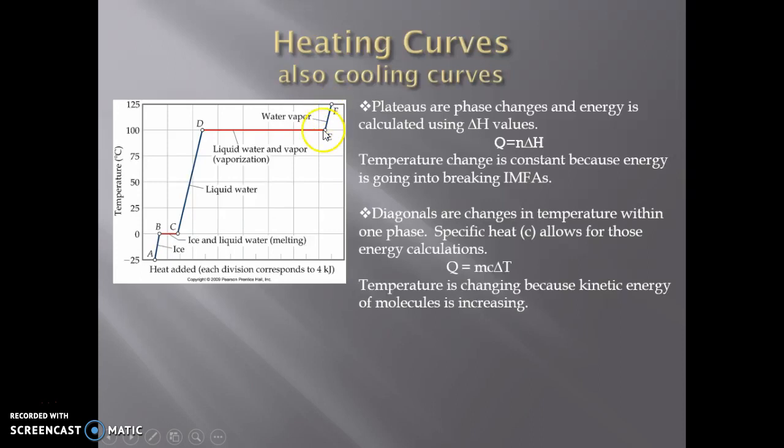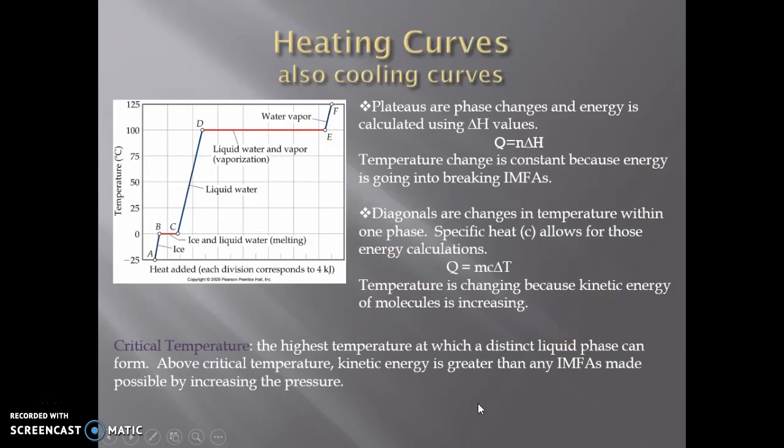And at this point, we've got all the attractions broken, and so the molecules not only vibrate and rotate, but they can move from one location to another, which is what they couldn't do in these other two phases. So if you remember, we have vibrational energy, we have vibrational and rotational energy, and then we have vibrational, rotational, and translational energy.